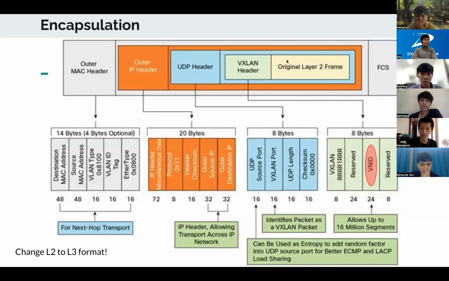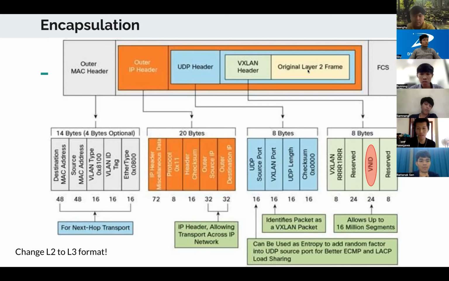Here is the L2 network, the original layer 2 frame. Only here it's the same as VLAN. In VXLAN, the switch or router adds a VXLAN header, UDP header and IP header.